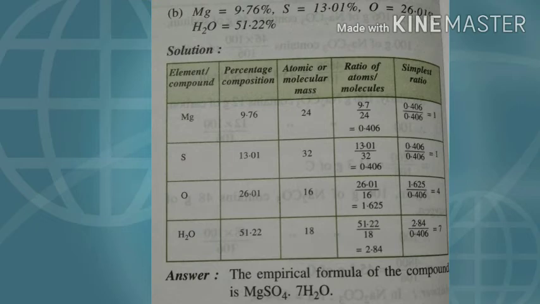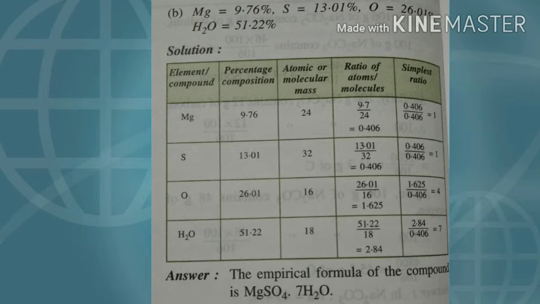Then for water of crystallization, the ratio can be found as 51.22, the percentage composition of water, divided by 18, the molecular mass of water. So 51.22 divided by 18 is equal to 2.84. So we got the atomic ratio.